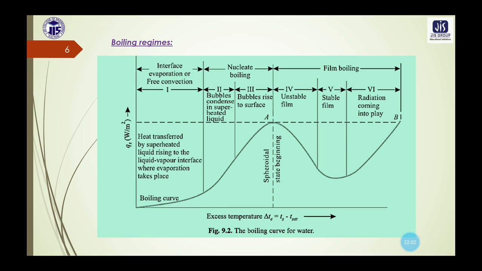Eventually the bubbles coalesce and form a vapor film which covers the surface completely. Since the thermal conductivity of the vapor film is much less than that of the liquid, the heat flux drops here with the growth of the excess temperature. And that is why in the unstable film, the heat flux decreases with the increase of excess temperature, because the bubbles form a vapor film here.